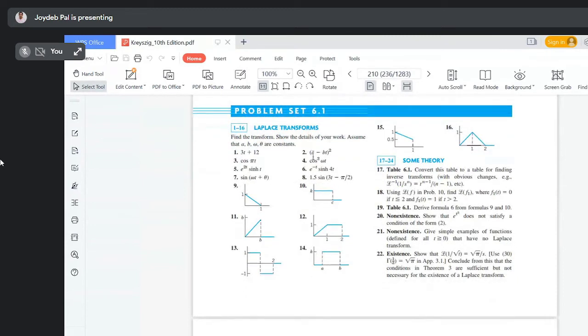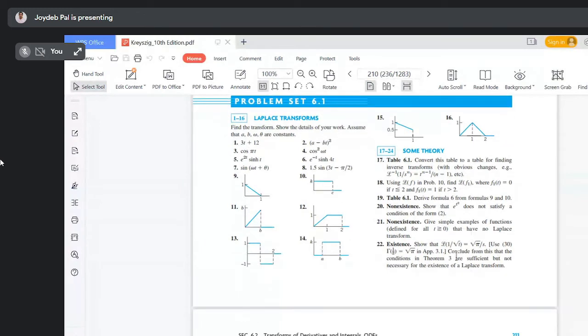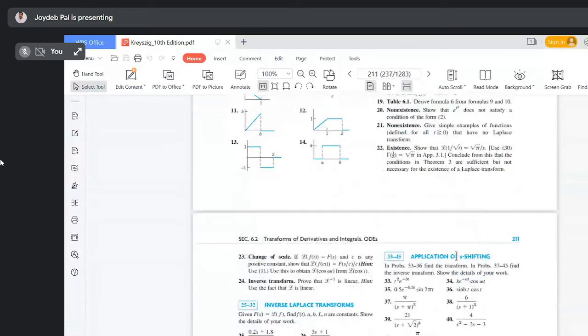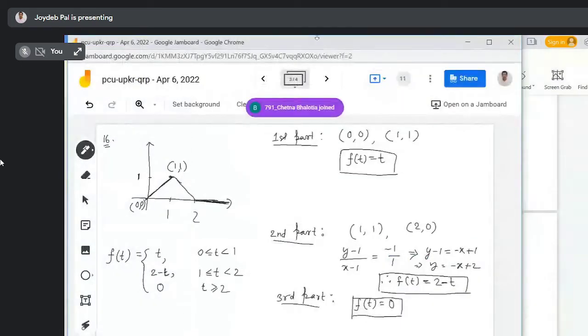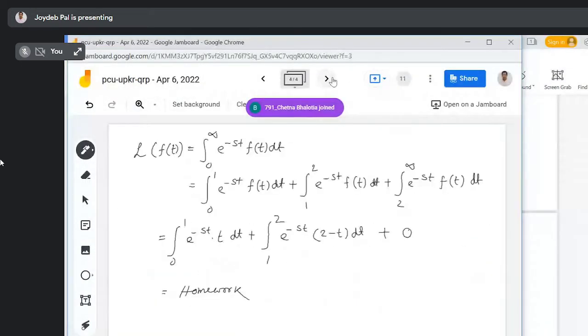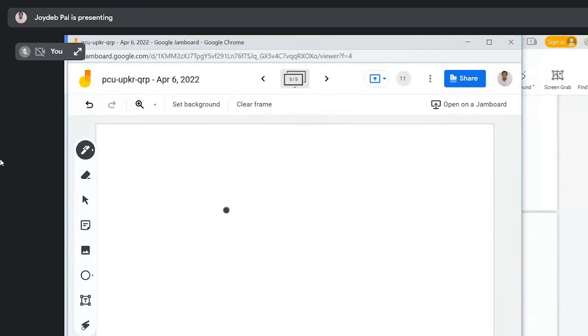You can ignore this part, 17, 18, 19. I'm coming to 24. That is linearity of L inverse. Previously, we have already applied this formula, linearity of Laplace inverse.